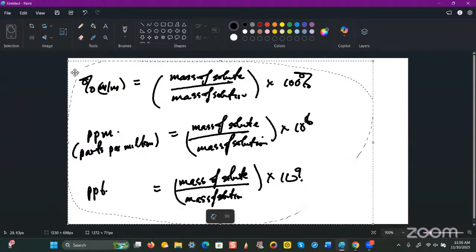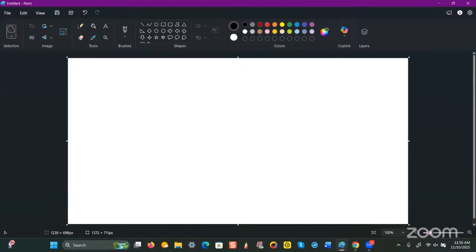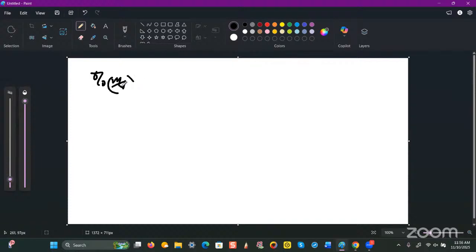There is also percent mass over volume, right? Now this one is more specific when it comes to units.